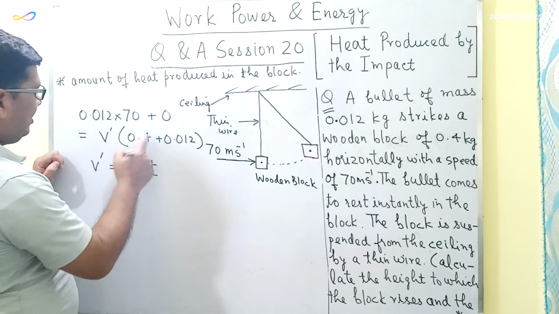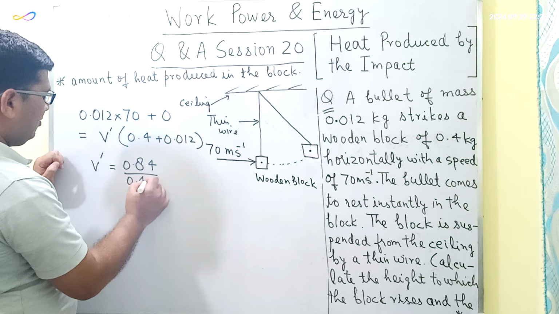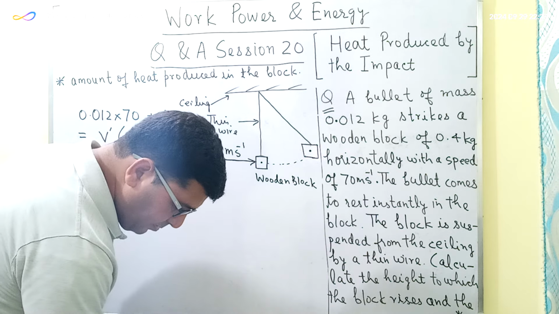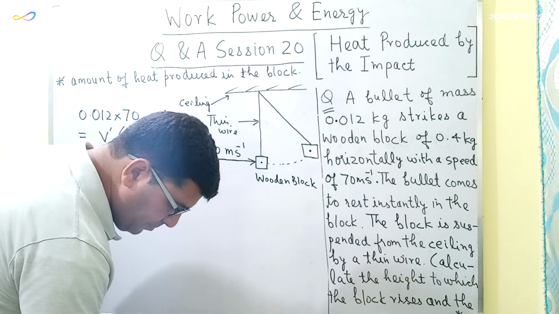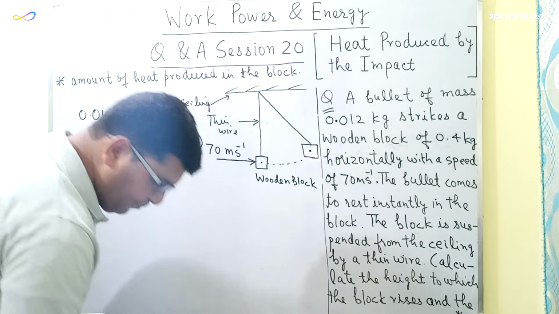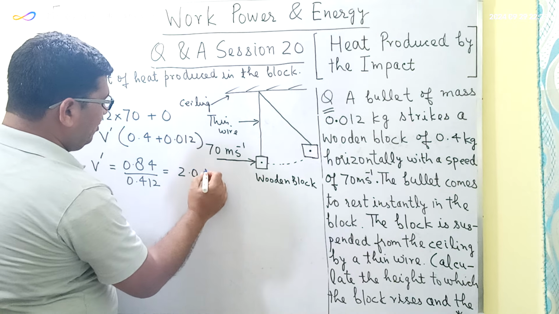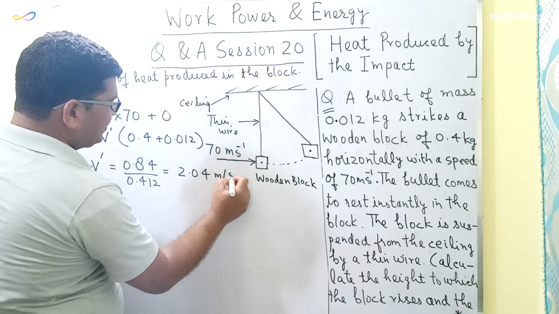So V dash from here will be equal to 0.84 divided by 0.412. So this is equal to 2.04 approximately, 2.04 meter per second.